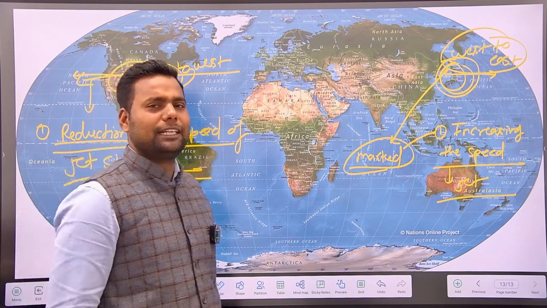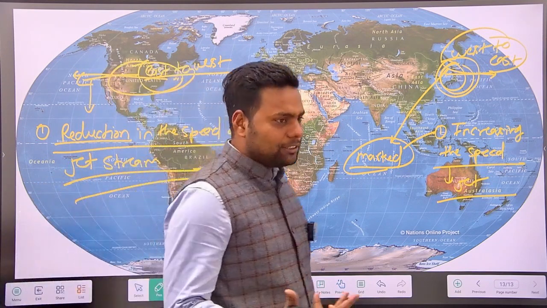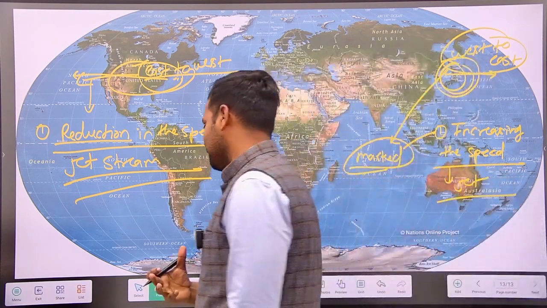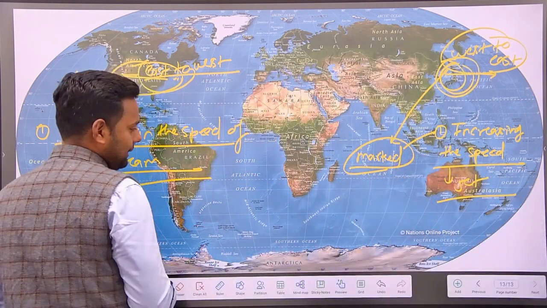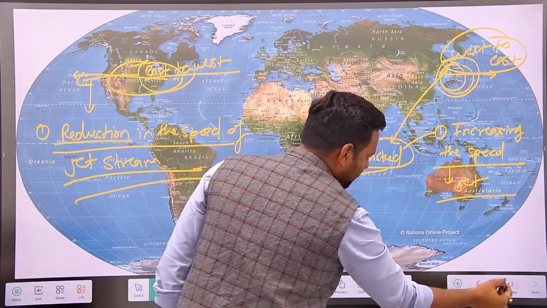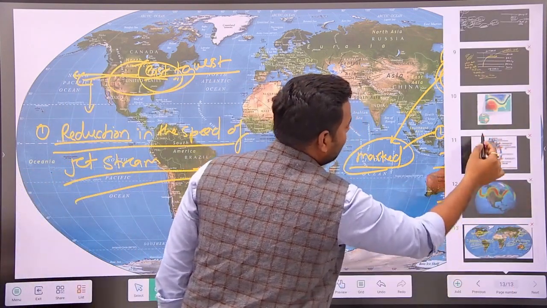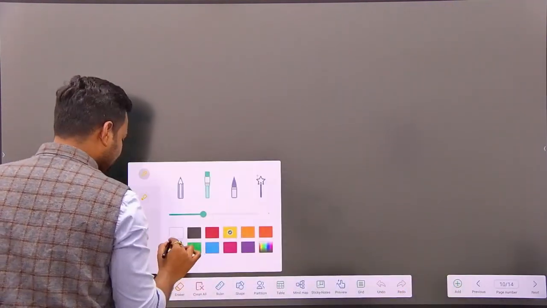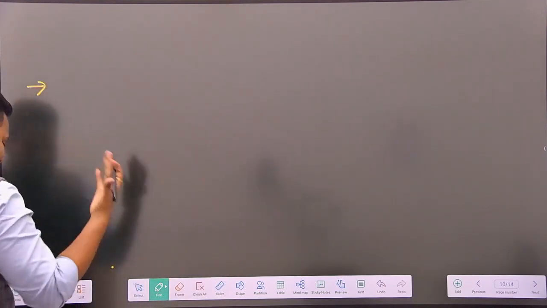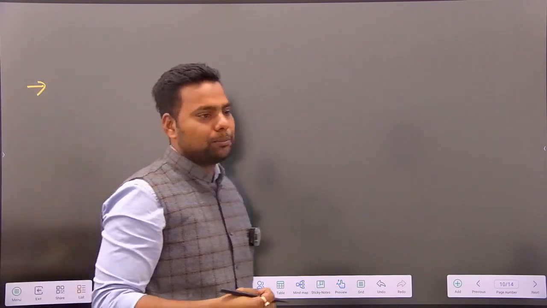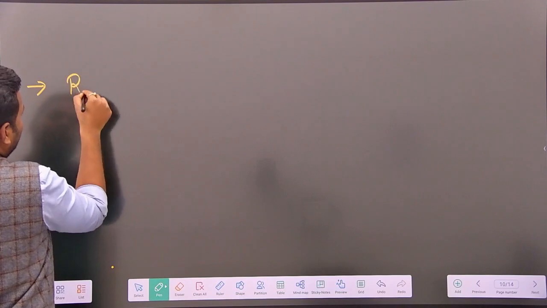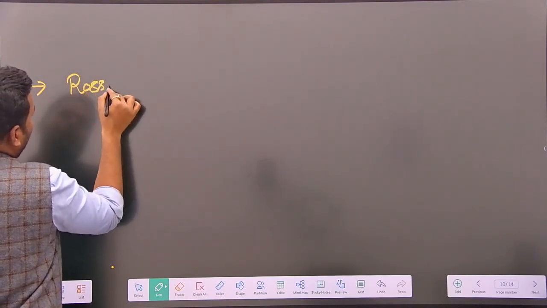But during the Second World War, they marked the changes, but they were engaged in the fight, so they could not explore more about this. After the ending of the Second World War, they discovered it, and the first scientific statement on the topic of jet stream was made by Rossby.